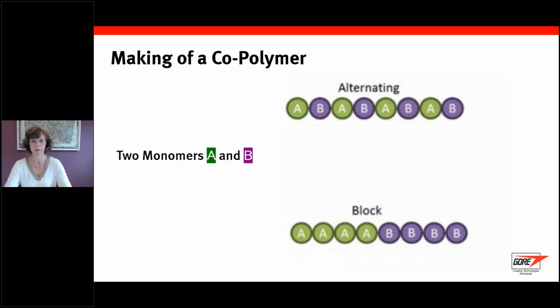So you build polymer, those chains of molecules, and there are different ways of arranging those molecules, maybe an alternating way or a block organization. And it would of course be interesting to know which one we chose, but this is unfortunately intellectual property, and I cannot talk about that, so you have to make a guess.